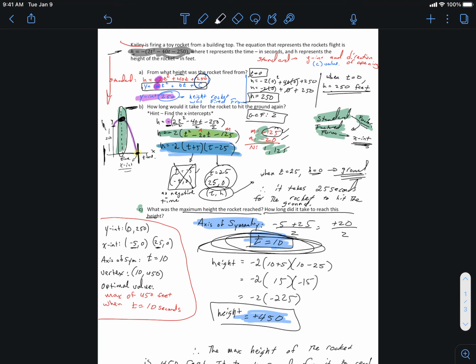You're still switching from standard to factored form. The only thing that changes is you're going to use a different kind of factoring, or the quadratic formula. You still are interested in the roots, the axis of symmetry, and the vertex. You're still interested in where the rocket was fired from. That's it. Okay, does anybody have any questions?